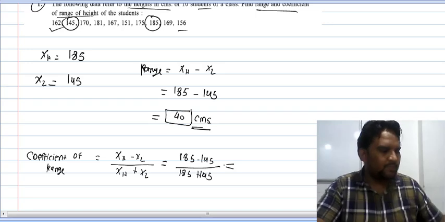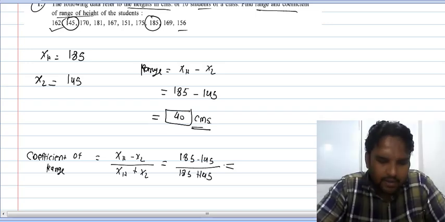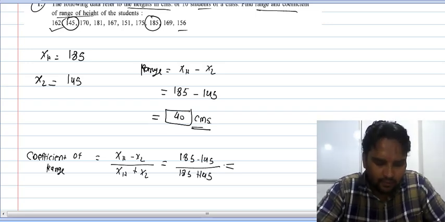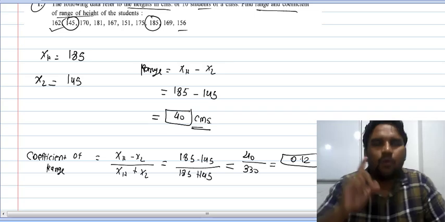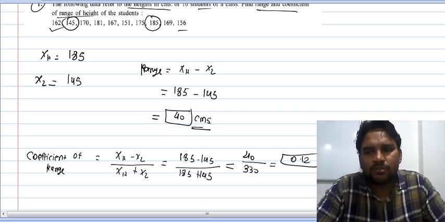Everyone use a calculator, I'm also calculating. You also calculate on your own. So 185 minus 145 will be 40, and 185 plus 145 will be 330. So 40 divided by 330, the answer will be 0.12, rounded to 2 decimals. So this is the coefficient of range.